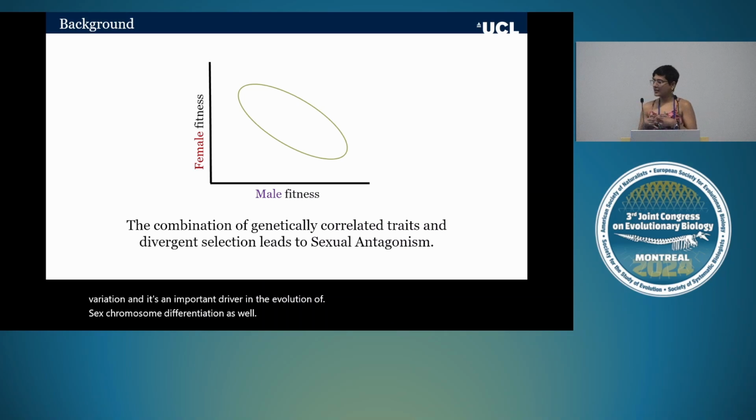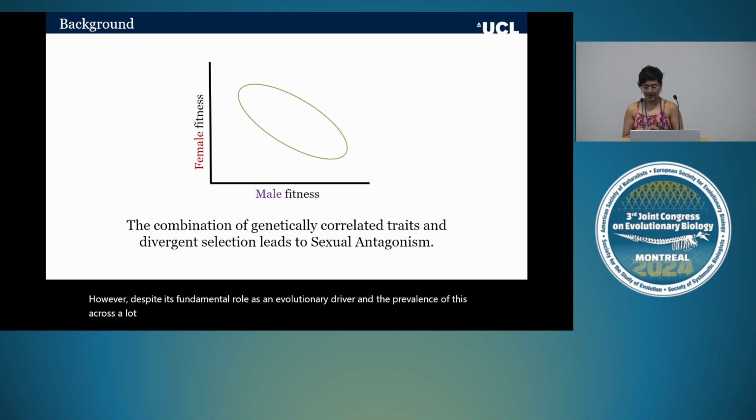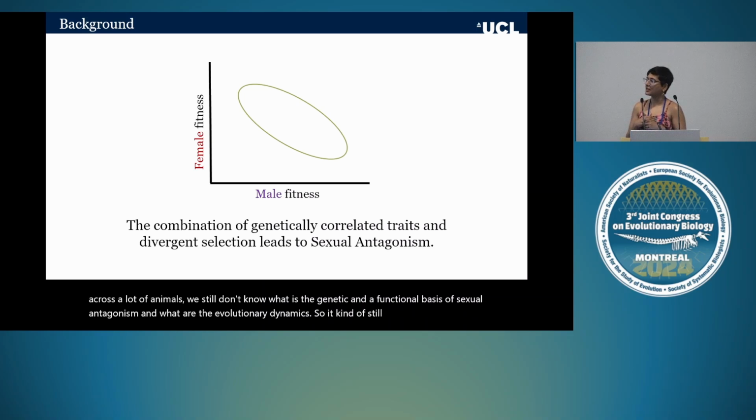However, despite its fundamental role as an evolutionary driver and the prevalence of this across a lot of animals, we still don't know what the genetic and functional basis of sexual antagonism is and what the evolutionary dynamics are. So it still remains a bit poorly characterized.